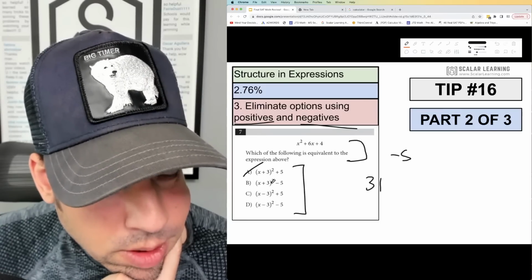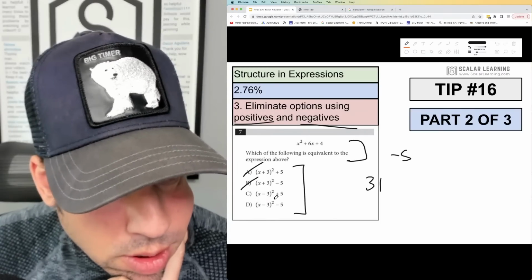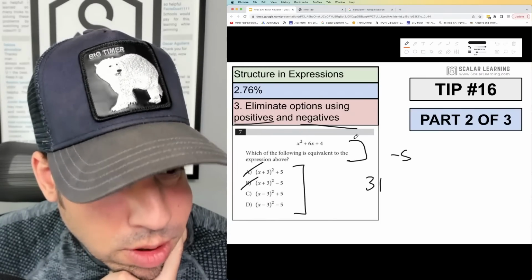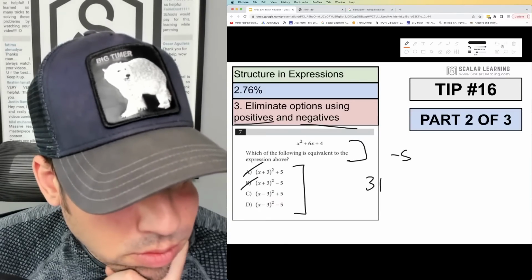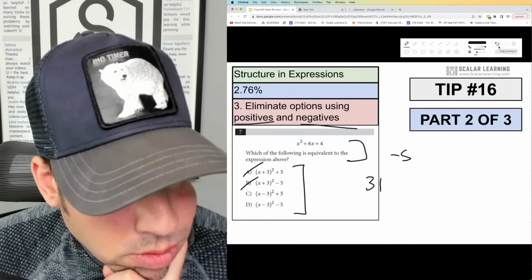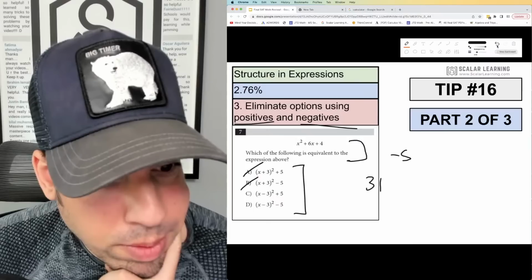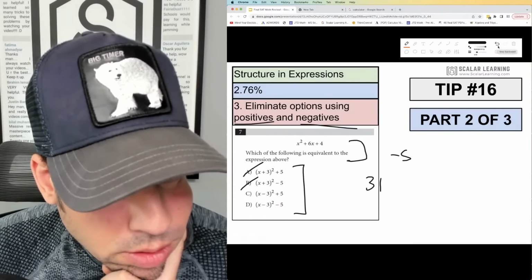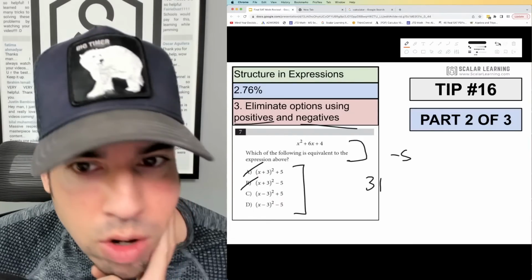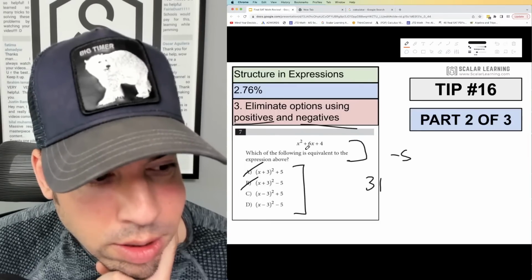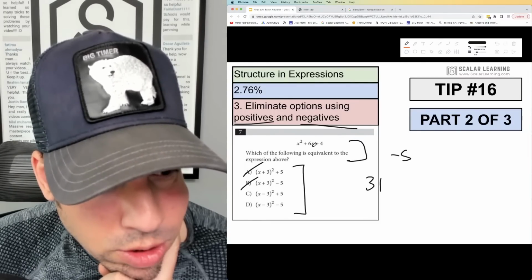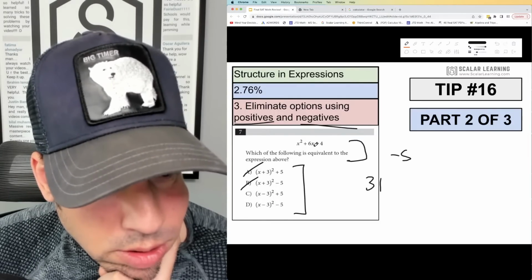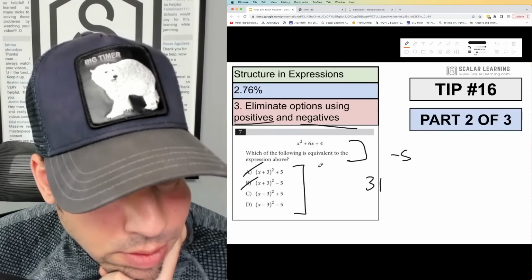Positive 3 does not give me 31. Oh, wait. Hold on. Did I do that wrong? Uh-oh. Wait, negative 3. What did I just do? 9, negative 18, negative 9, negative 5.